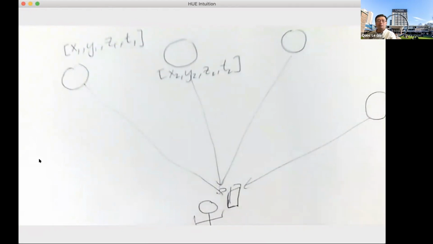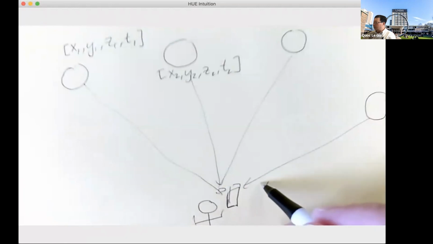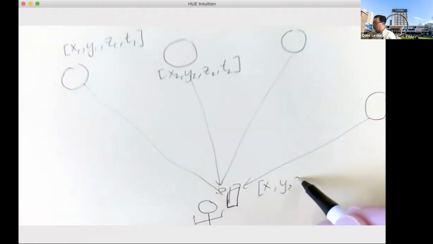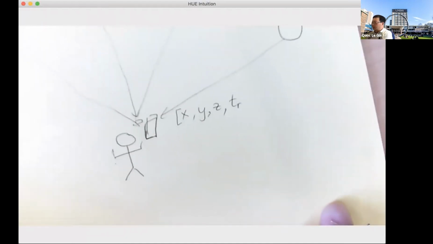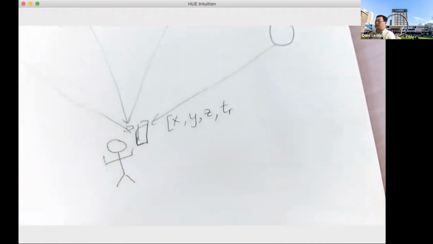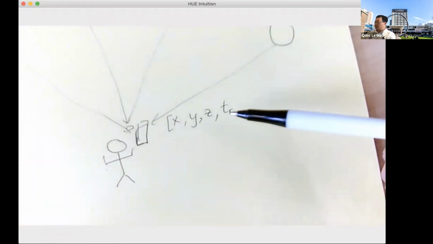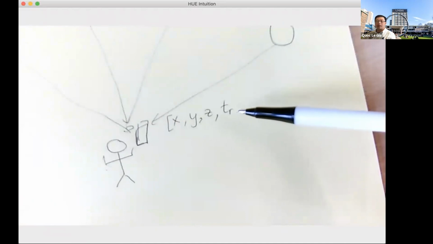So now, what is your position? Well, your position is something unknown, right? So you have x, y, z as your location, which is unknown. And then you have a delay. What is a delay? It's about when you receive signals. Let's say it was sent at 10 o'clock, and you receive it at 10:05, for example.